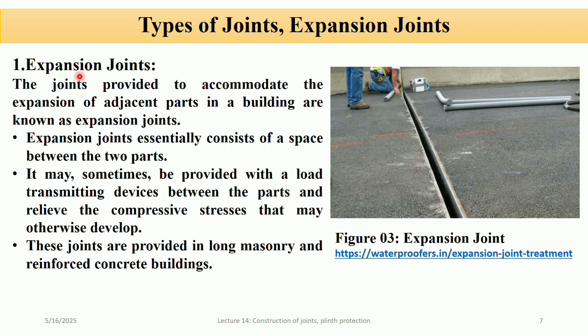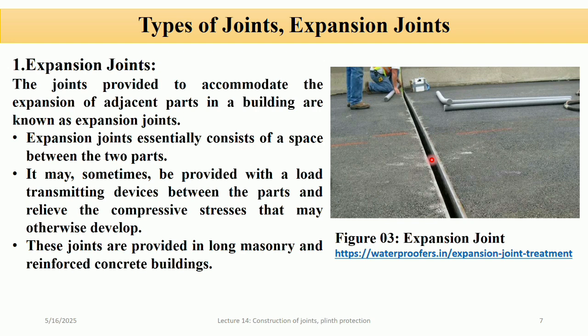The purpose of providing expansion joints is to absorb or accommodate expansion of adjacent sections of a building caused by temperature increases. An expansion joint essentially consists of a space between two parts. You can see it here in the figure. In structure, it typically consists of a gap or space between two parts of a building.